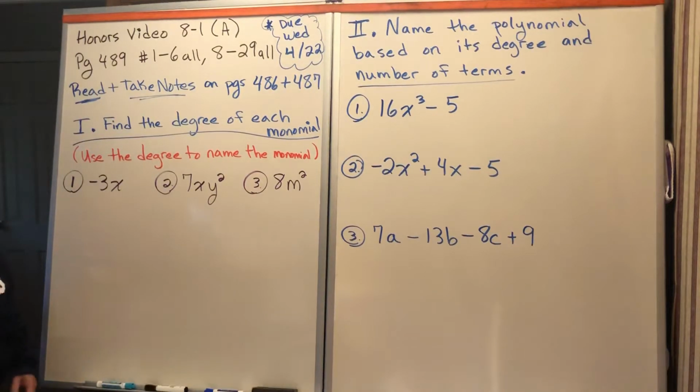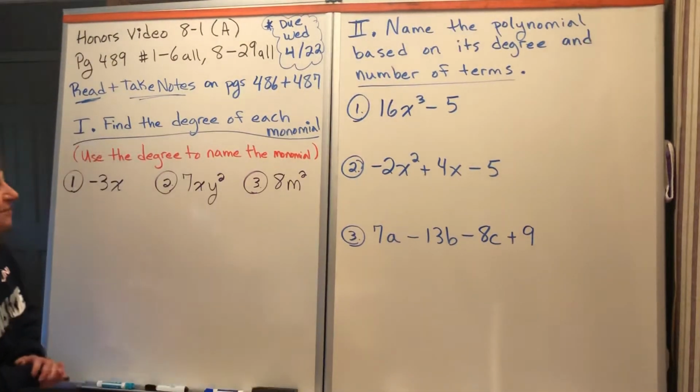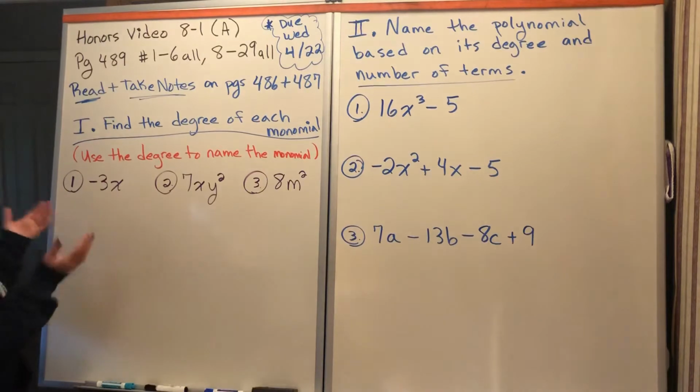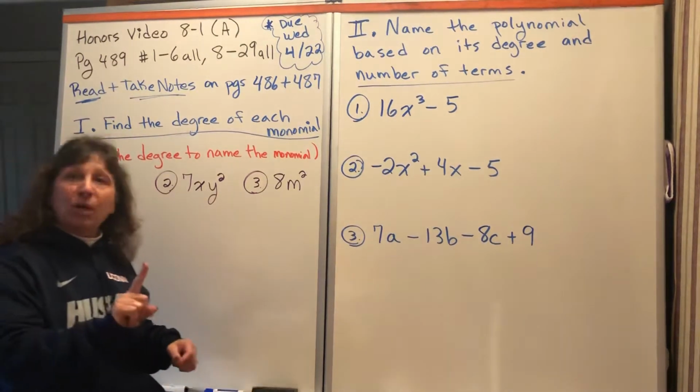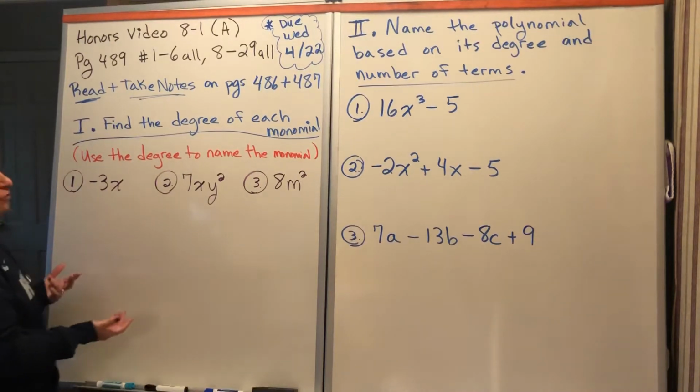There's another term that's used to describe our expressions, and it's based on how many terms are in the expression. I would think on this videotape, you may have to watch it more than once, so keep that in mind. This term here is a monomial. Mono means 1, there's 1 term, and that term has a degree to it.